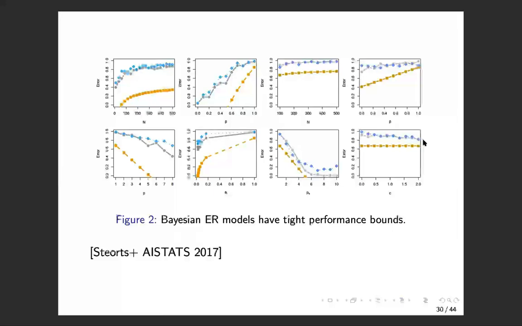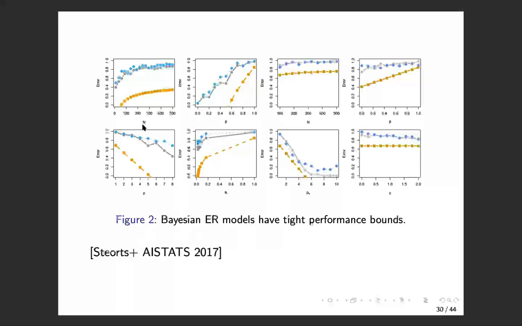Bayesian graphical entity resolution models are the only ones that I know of where you can prove some sort of performance bound in closed form, and then also illustrate using simulation how close you are to getting to that bound.